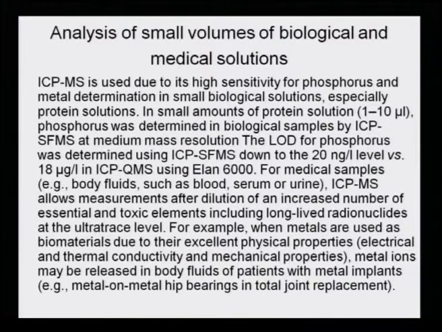at medium mass resolution. The limit of detection for phosphorus was determined using ICP-MS down to 20 nanogram per liter level versus 18 microgram per liter in ICP-QMS using 6000 machine.